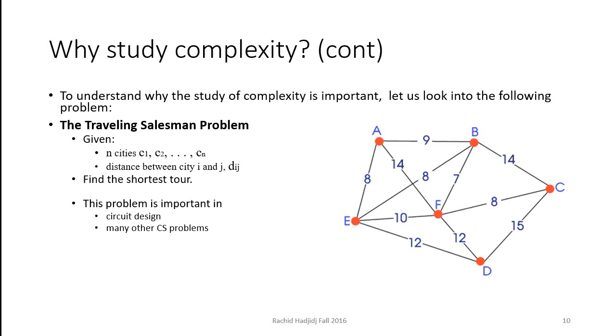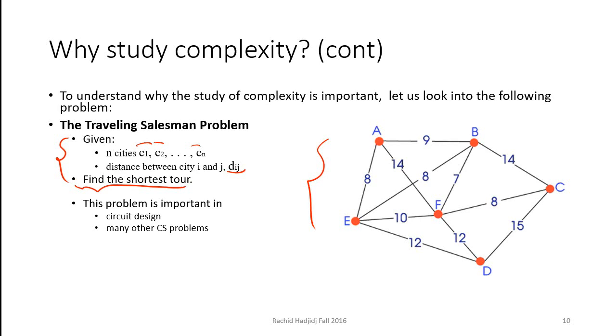Here we have the definition of the problem. Given n cities, city 1, city 2, etc., city n, and the distances between the different cities, where dij is the distance between city i and city j, find the shortest tour. Here we see an illustration of a network of cities, and we have roads between those cities with different lengths.